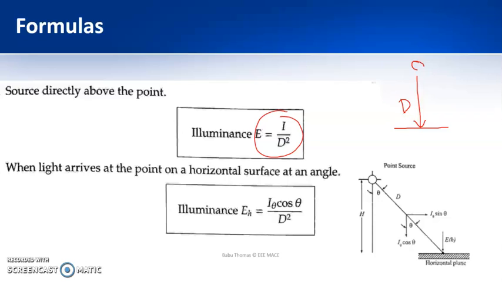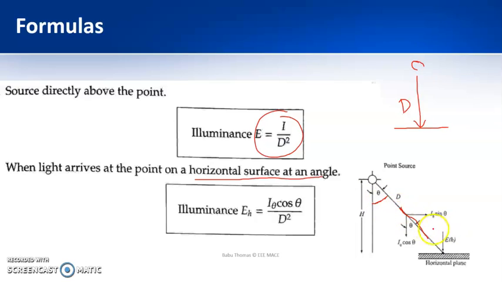And when the light arrives at a point on a horizontal surface at an angle, say this angle is nothing but the angle theta, then you need to apply the cosine law. I is the luminous intensity which is going in this direction, and it has two components. One is the horizontal component and another one is the vertical component.